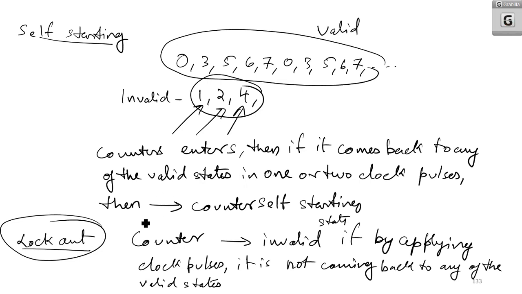Now, to avoid lockout, there are two ways. One is to make the counter self-starting.